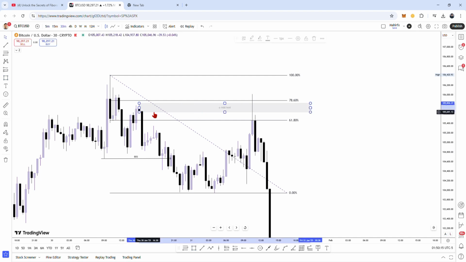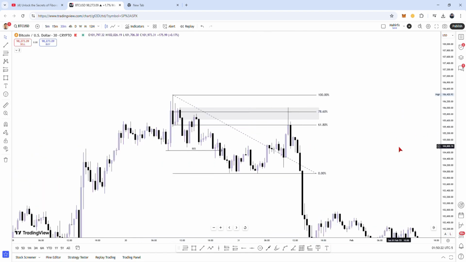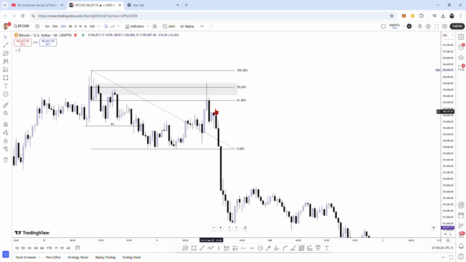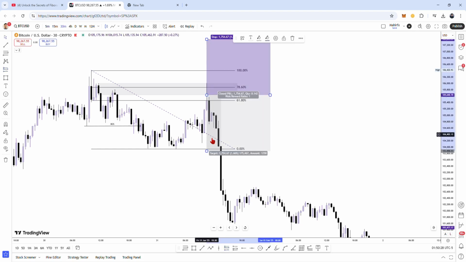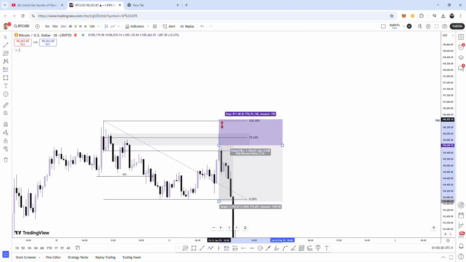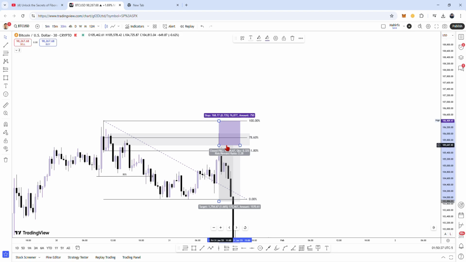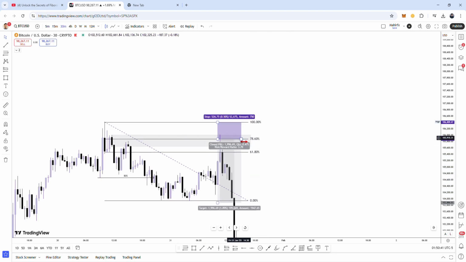There will be a kind of this one, okay, but also we have an order block around here, so we mark an order block entry from here. So your stop loss will be at 100 when you enter at 78.6.